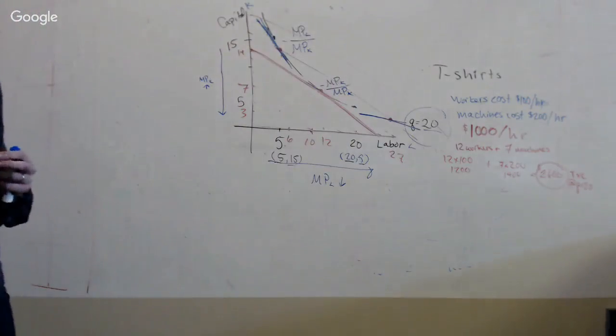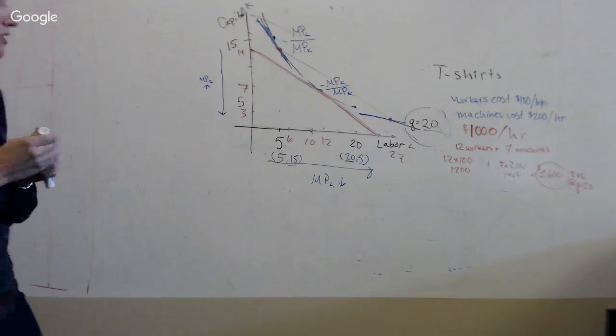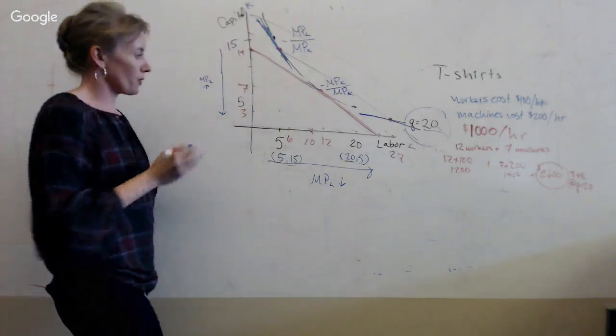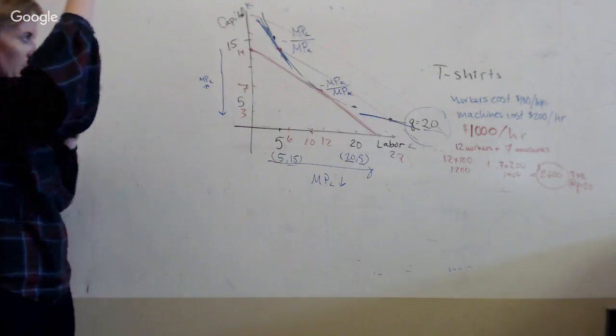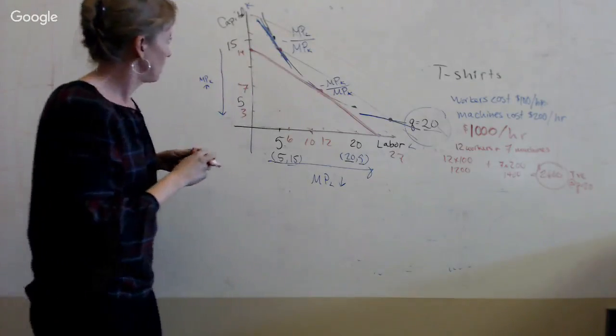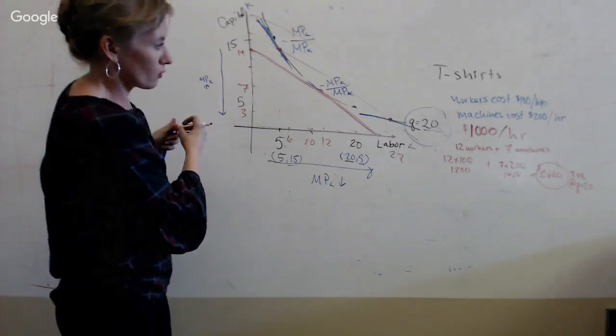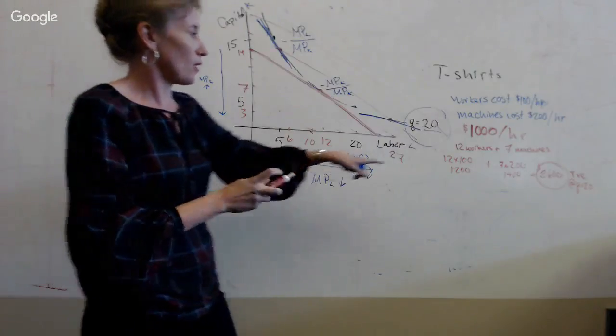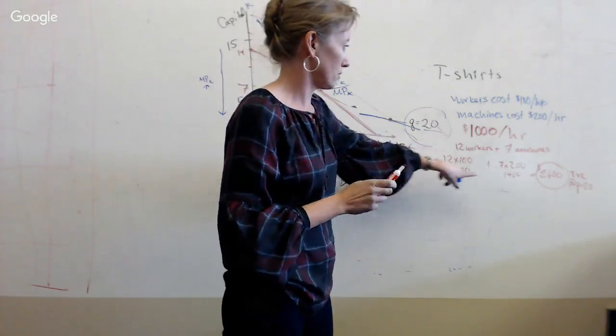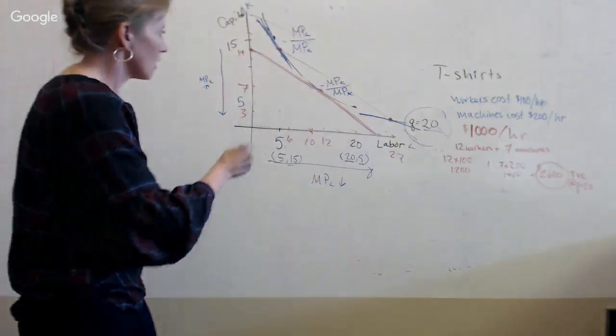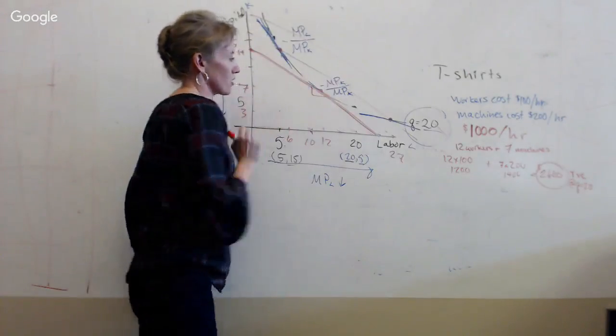What's the slope of our ISO cost curve? It's our rise over run.